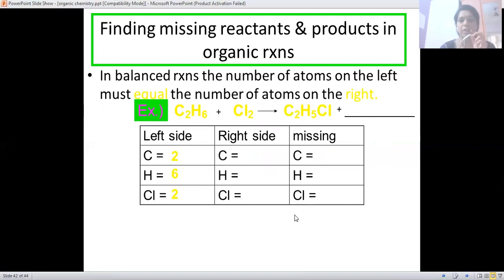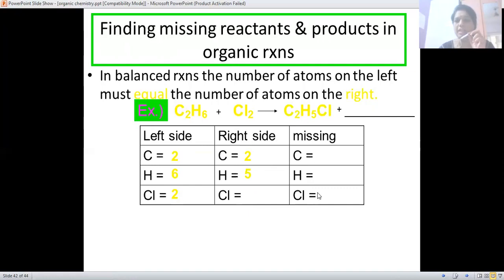This is very important. If you are not able to understand how to balance the reaction, count the number of atoms on the left side and the number of atoms on the right side. These are one of the good examples. This is ethane and chlorine. The left side is C2H6 plus Cl2. Now the right side, what are we seeing?